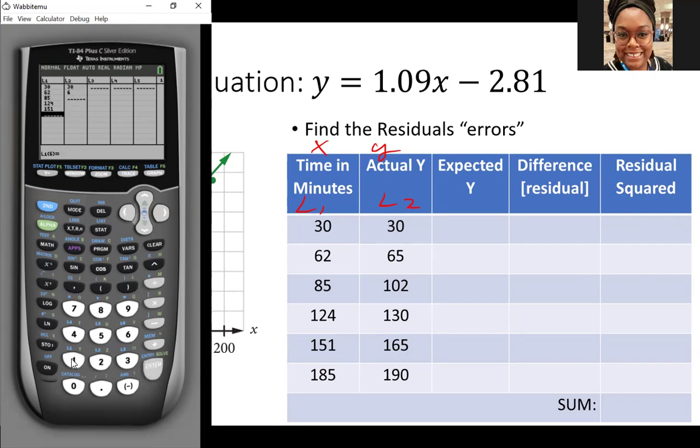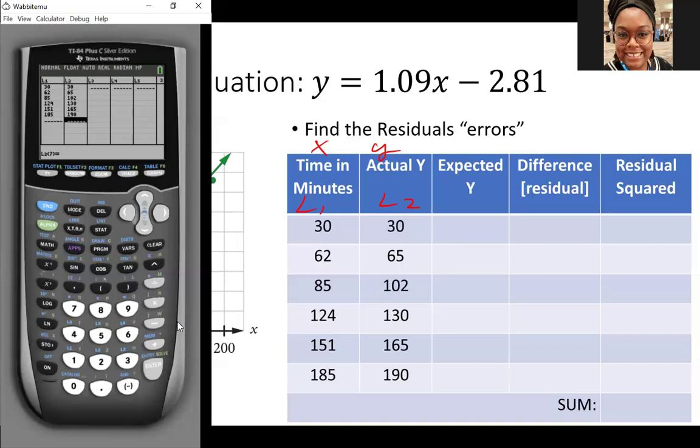There we go. 185, and back over. And now we're at 65. I need to say them out loud. It works better for my brain to hear it and see it. 102, 130, 190. All right. So everyone has their L1 and L2 in.